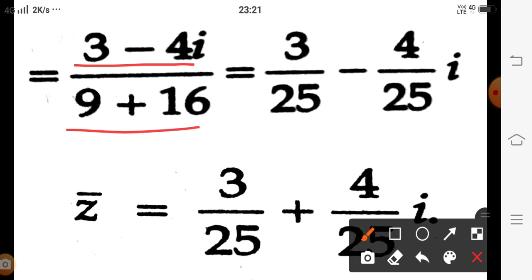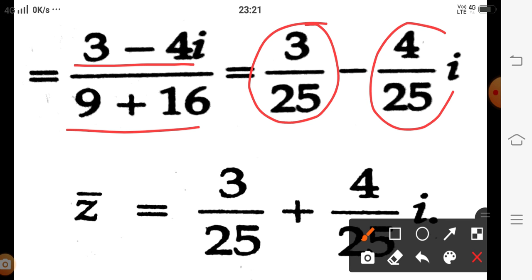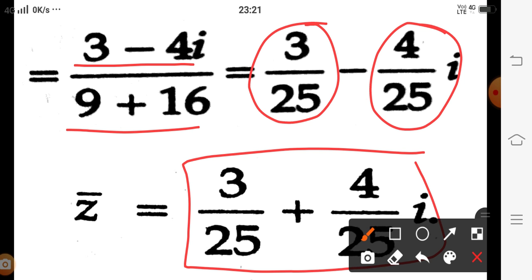If we separate the real and imaginary parts, we are getting 3 upon 25 minus 4 upon 25 i. Then to find the complex conjugate of that value, we change the sign of the imaginary part only, and we get the required conjugate. Solving and then changing the sign of the imaginary part.